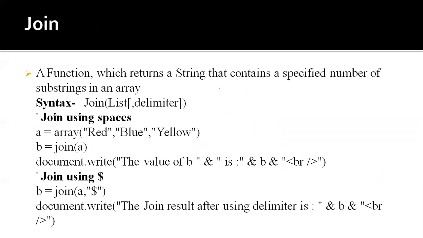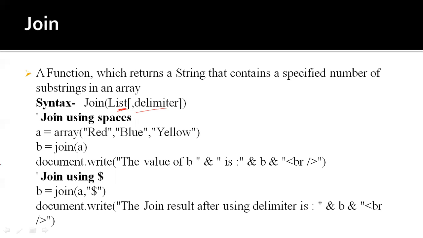Just opposite of the split function is the join function, which returns the string that contains a specified number of substrings in an array. Join list, you can write here the list or array, and delimiter here is an optional parameter if you want to give some delimiter or not.